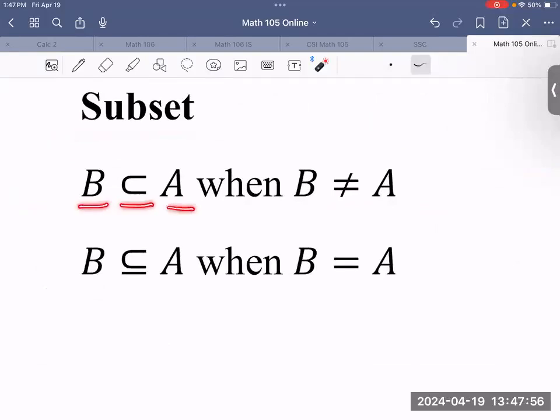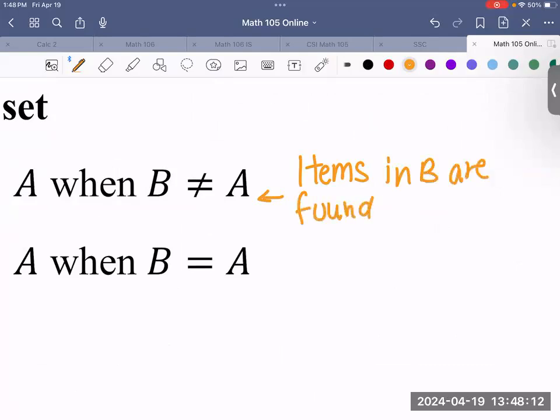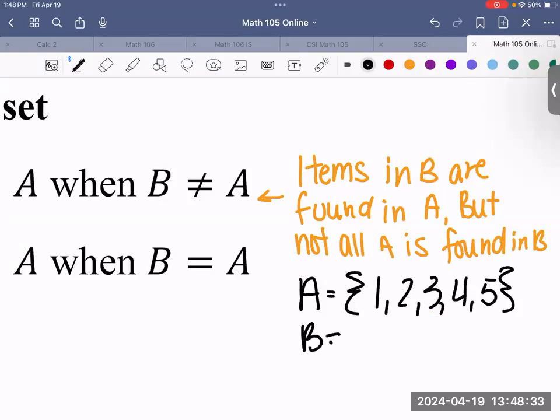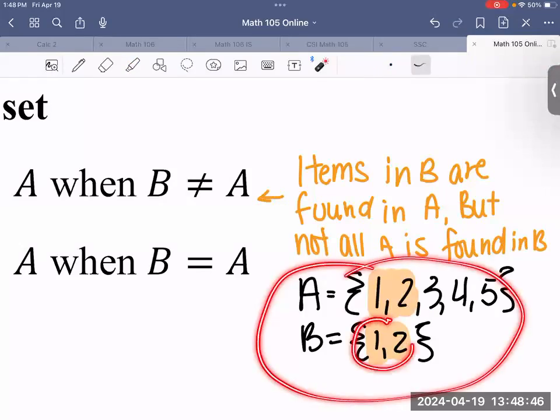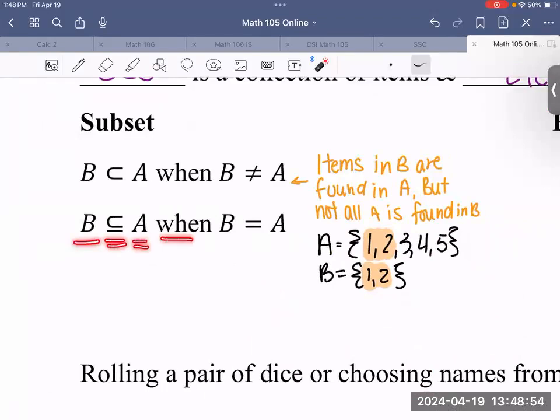This says B is a subset of A when B does not equal A. This just means items in B are found in A, but not all of A is found in B. So for example, if A is {1, 2, 3, 4, 5} and B is just {1, 2}, this B is located within A, so A kind of eats up B, is what that is really saying.